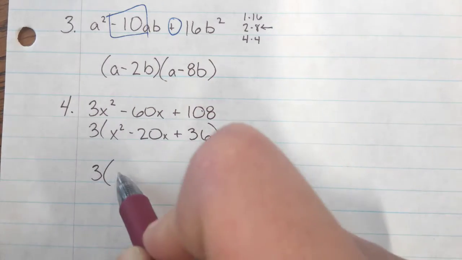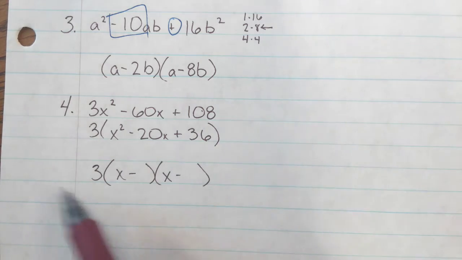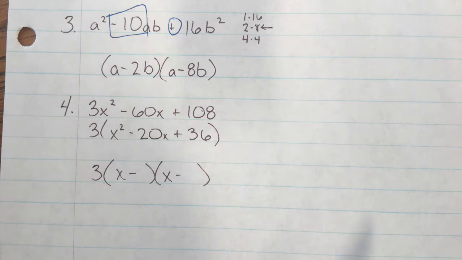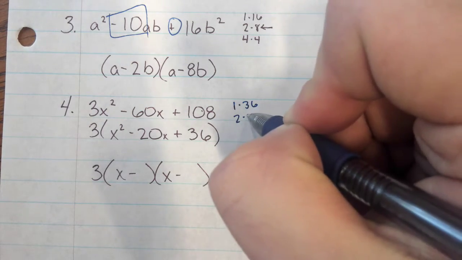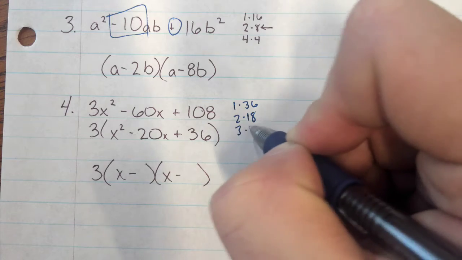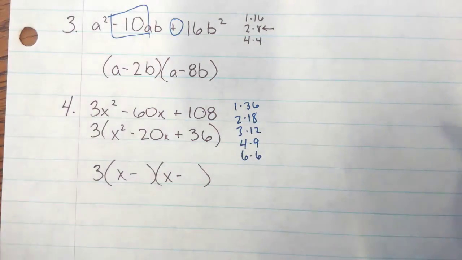Now, don't forget, third sign's positive, adopt the sign of the second for both. We're going to have 2 x minuses. Don't forget that 3 out front. Make sure it tags along. All right, let's look at that third number, 36, and write down its factors. There's a lot of them. 1 times 36, 2 times 18, 3 times 12, 4 times 9, and 6 times 6.